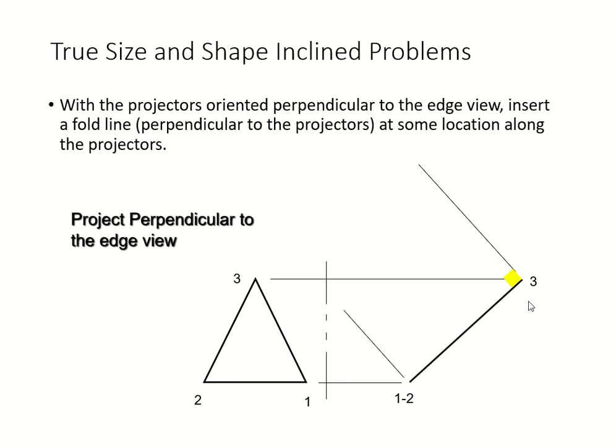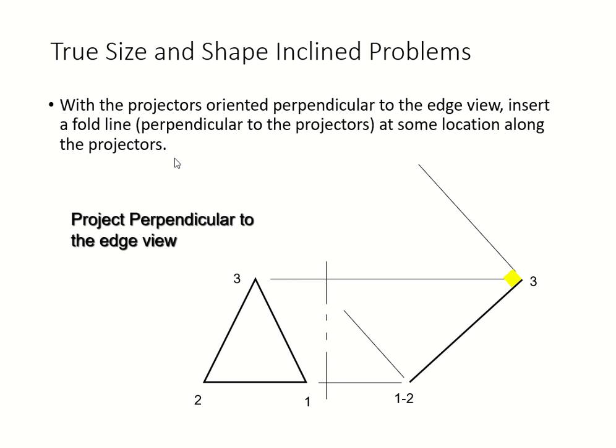Then insert a full line at some location along the projectors. And every time you read the example problem, pay attention to what it's saying. Don't just read it like whatever. This is not English, by the way.